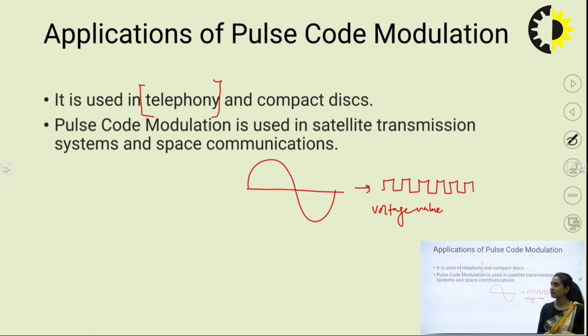So when I need a wired link, that is a communication cable, what happens? Through cable, I can transmit voltage values. So when I convert my analog signal into a series of pulses, that is voltage values, and I have a wired cable as the channel, it is convenient for me to transmit.